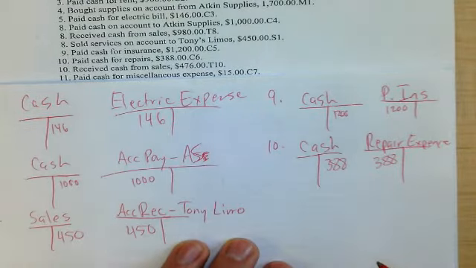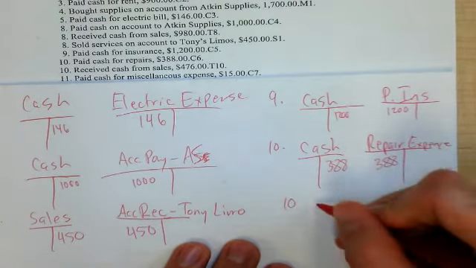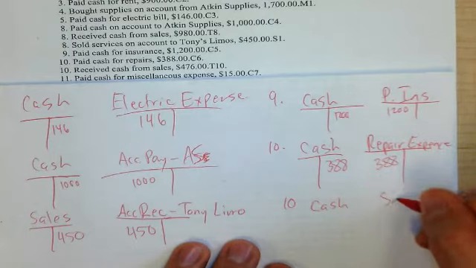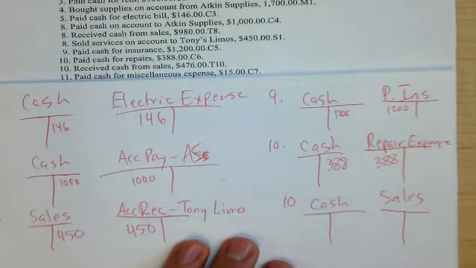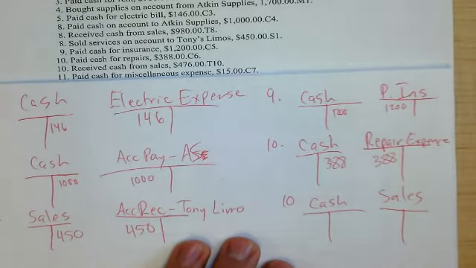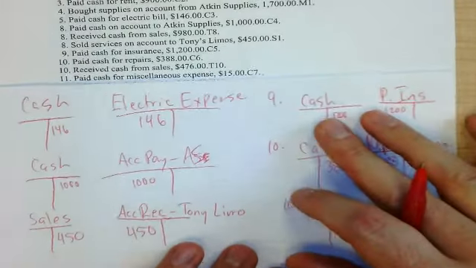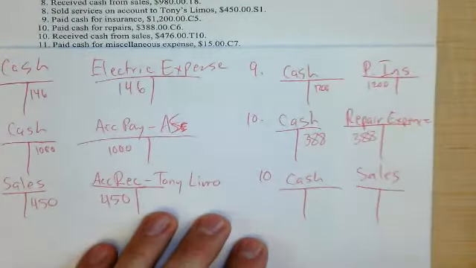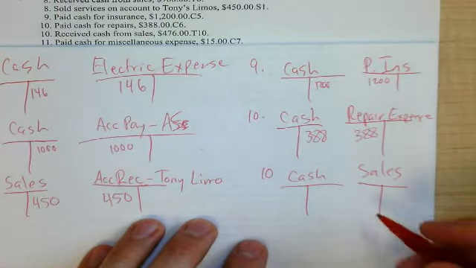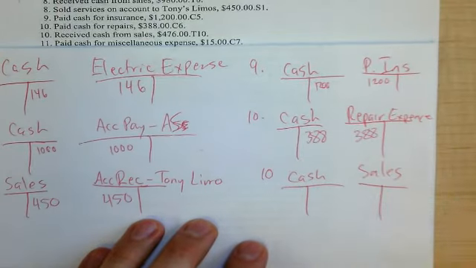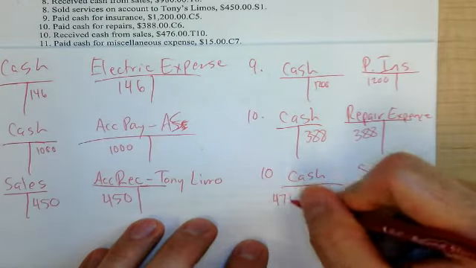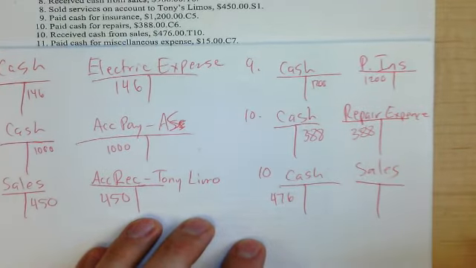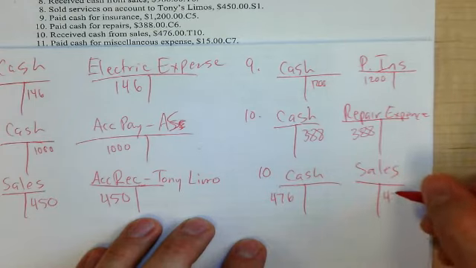All right, the next one. Receive cash from sales on the 10th. So now we have cash and sales. Someone walk me through how this one looks. Cash and sales, June 10th. Received cash from sales, 476. Yes. Good. And then for the sales side, it would go up on the credit side. Perfect.